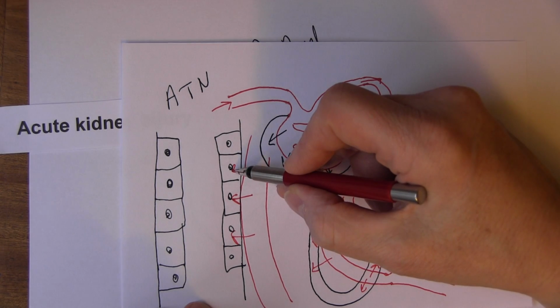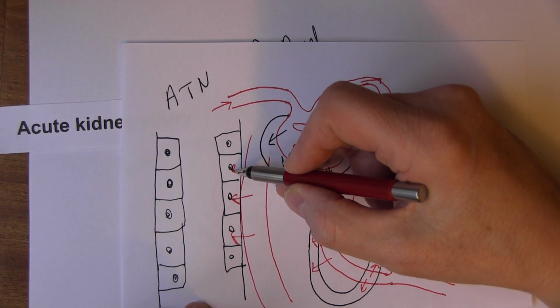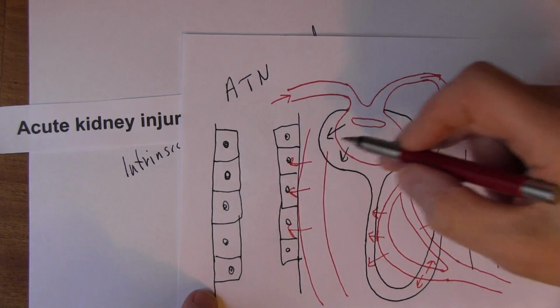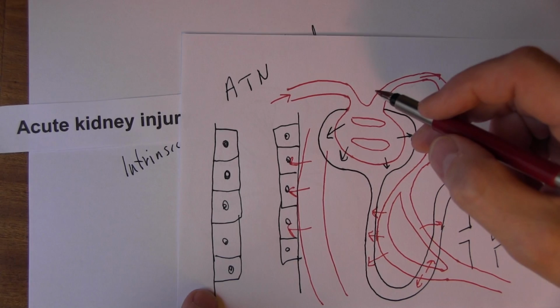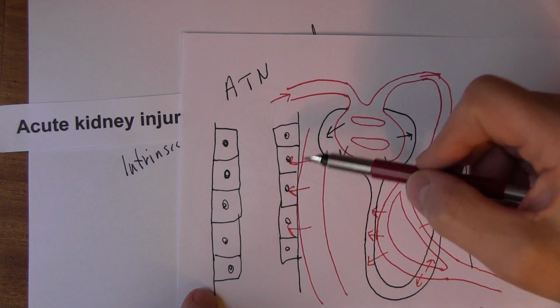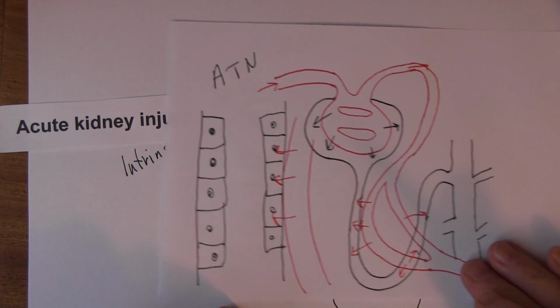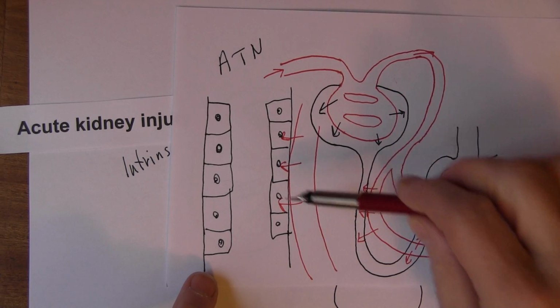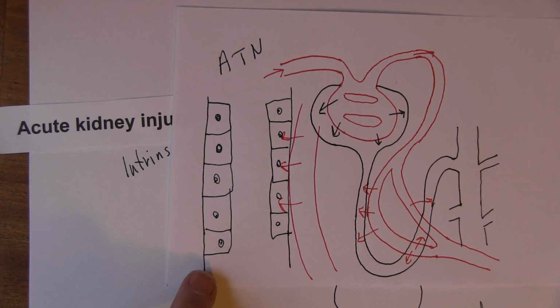So there's reduced oxygen getting to these tubular cells. But we've said that these tubular cells have a very high oxygen demand. Therefore, they do not do well without their oxygen supply. So if there's a prolonged period of hypoperfusion of the kidney, these cells will start to die.